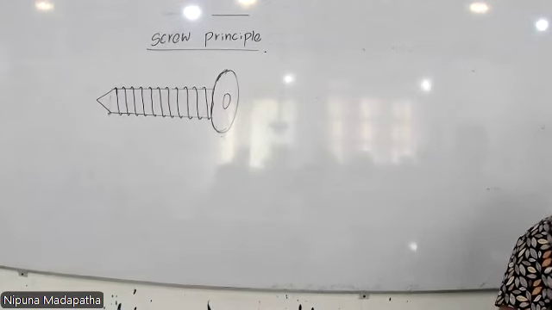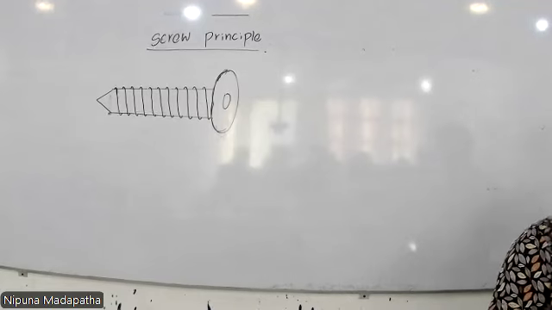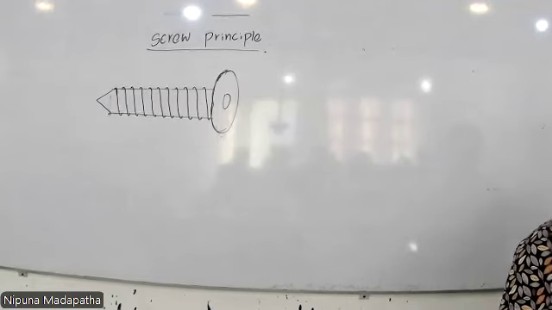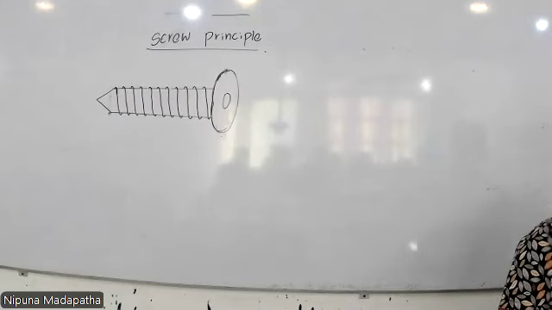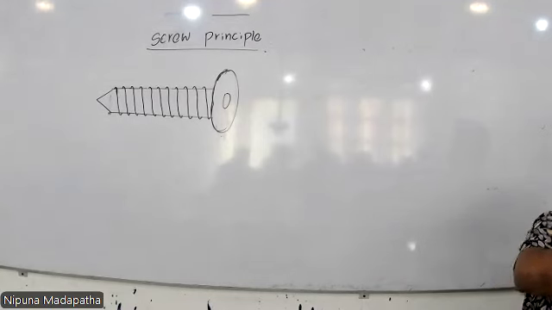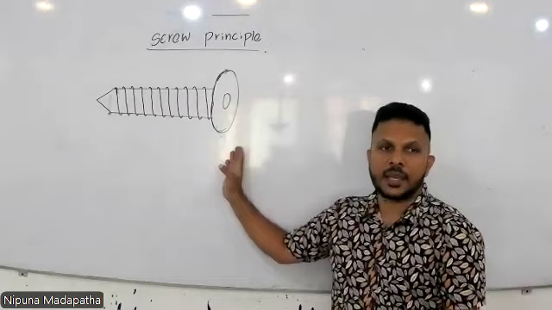Clockwise. If you rotate this screw clockwise, it advances forward. Agree? In order to tighten the screw, you need to rotate it clockwise.